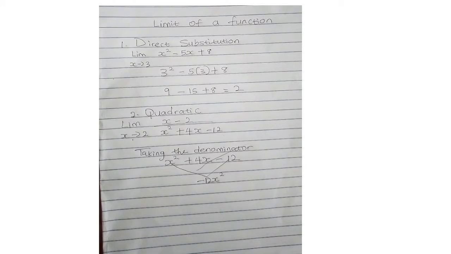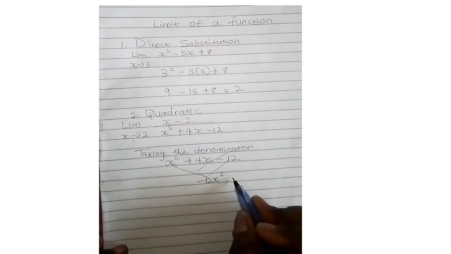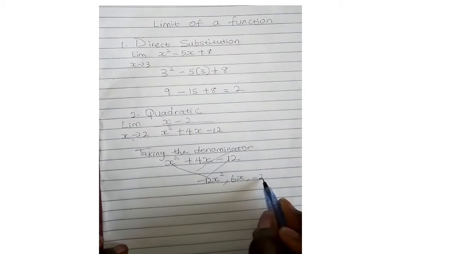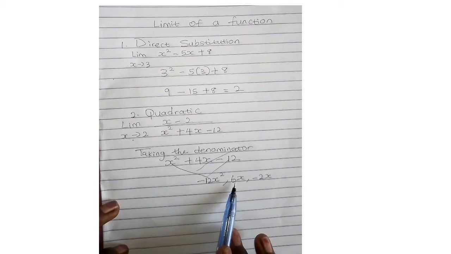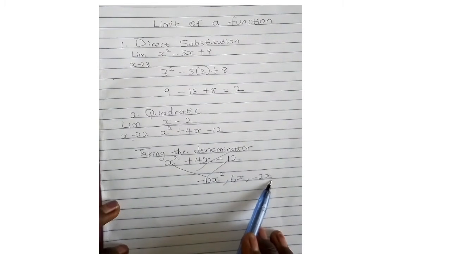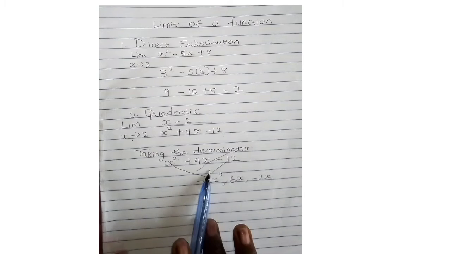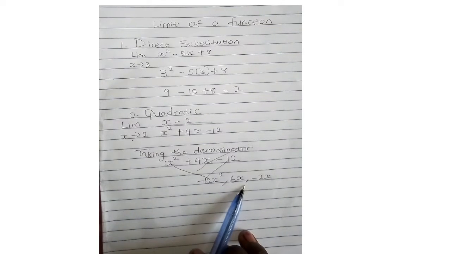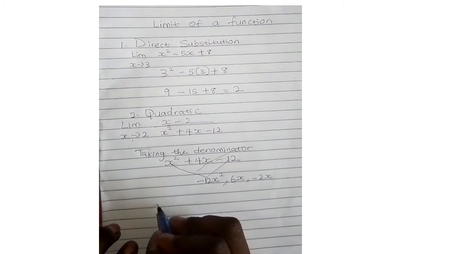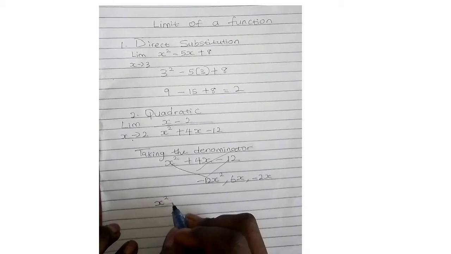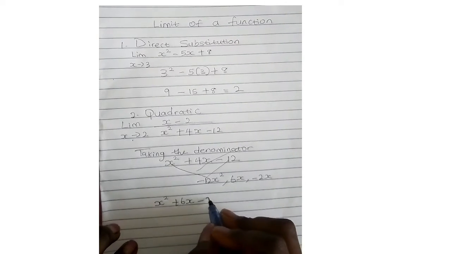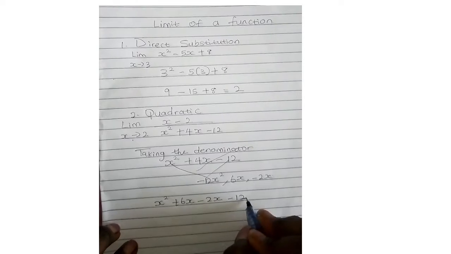The two numbers that come to mind are 6 and minus 2, because when you multiply 6 and minus 2, we get minus 12, and when you add 6 and minus 2, we get 4. So in place of 4x, we put 6x and minus 2x. So we have x squared plus 6x minus 2x minus 12.